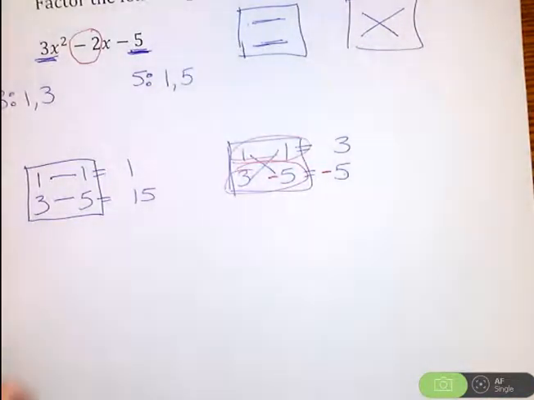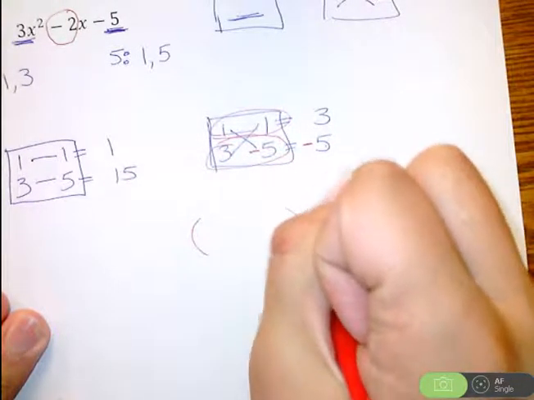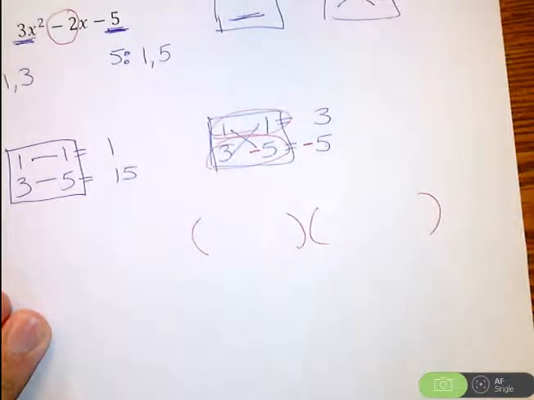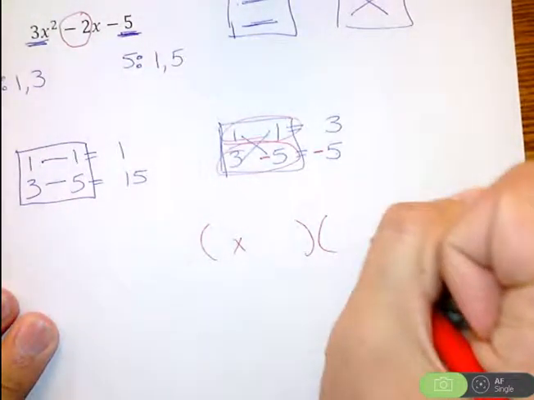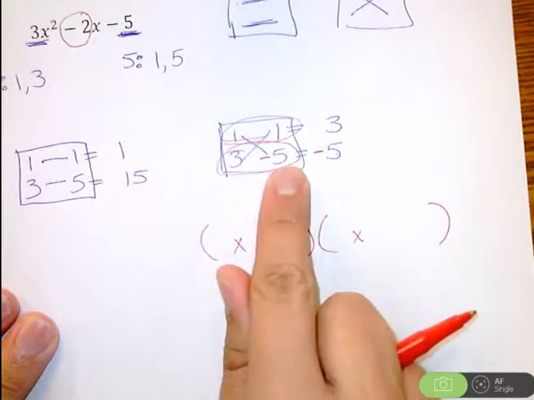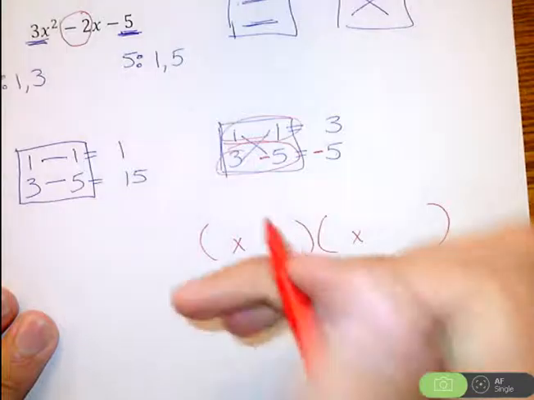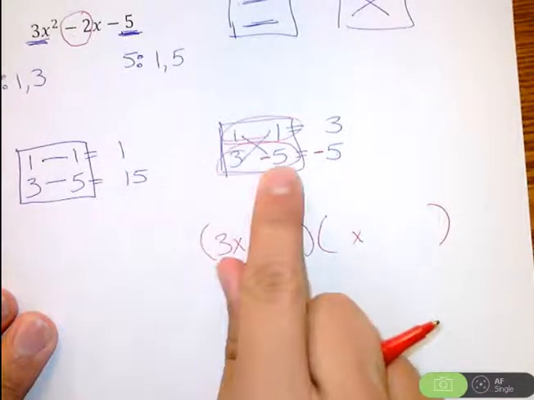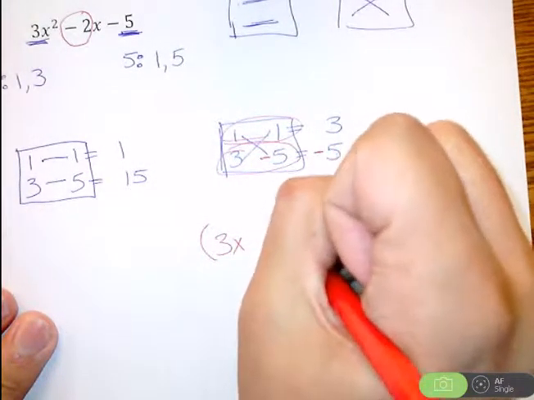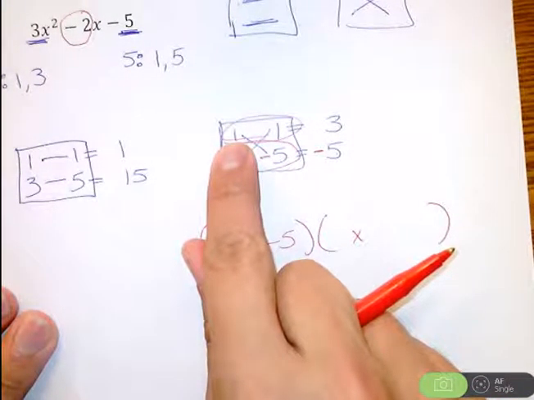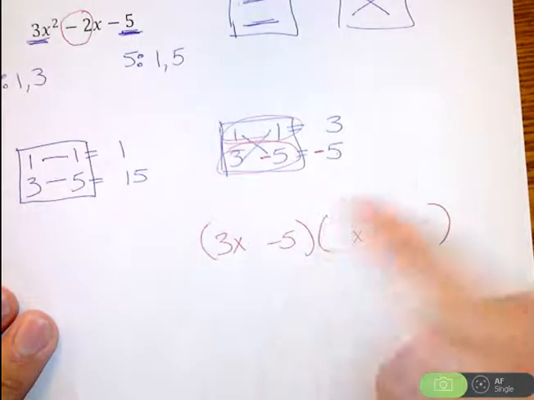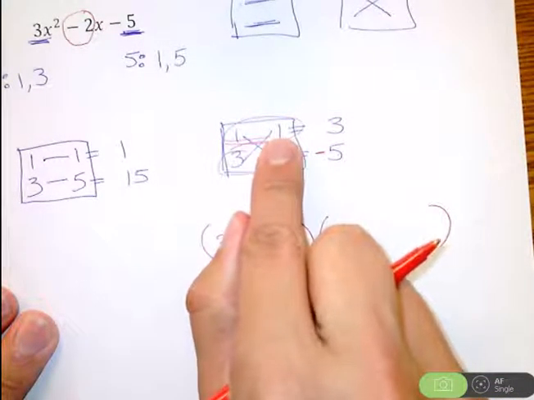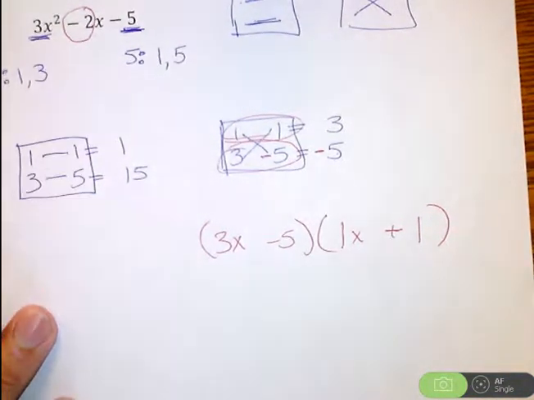Now here's how that's going to look. When we're factoring here, remember we get 2 sets of parentheses, and you usually have your x, because that's the variable we're using, x in the front. And it works the same way. I need my 3 out front, so I'm going to have a 3x, and then I need a minus 5 in the back. And then in my other parentheses, my other pair, notice how I'm using red and blue there to help you out, I should have a 1 in the front, and a positive 1 in the back.